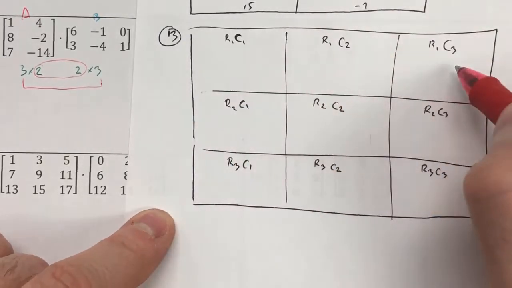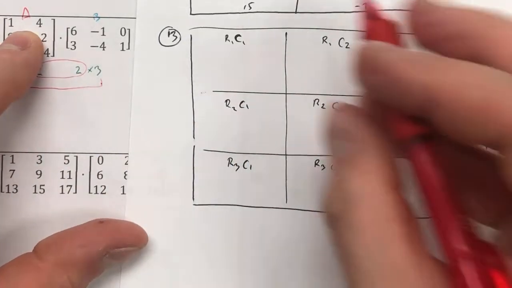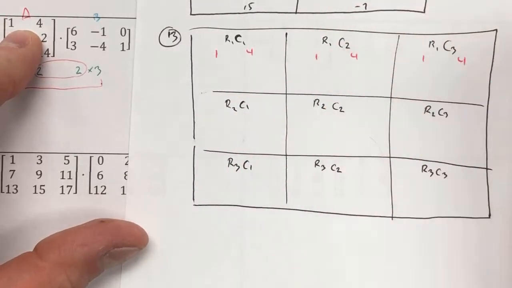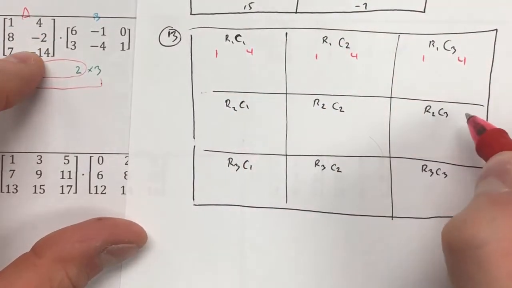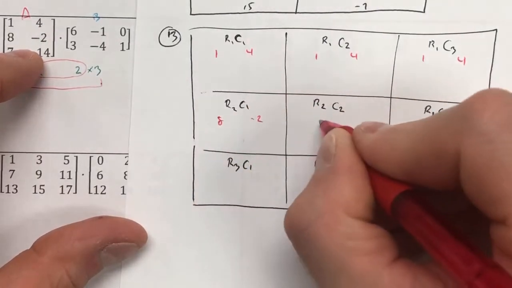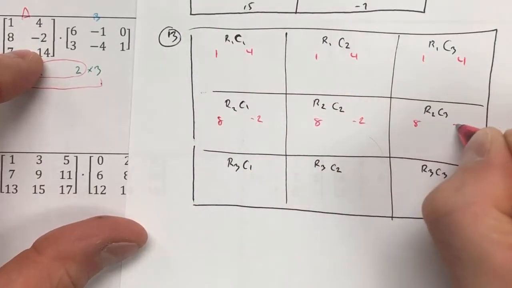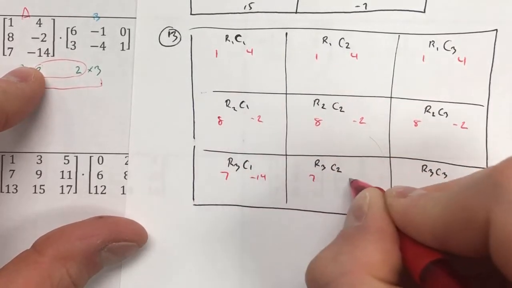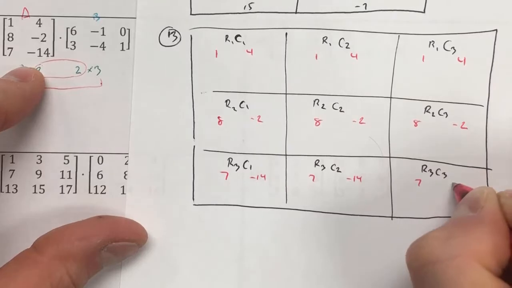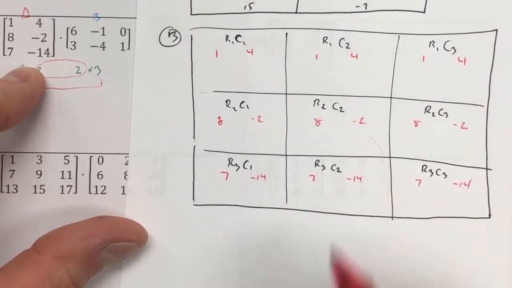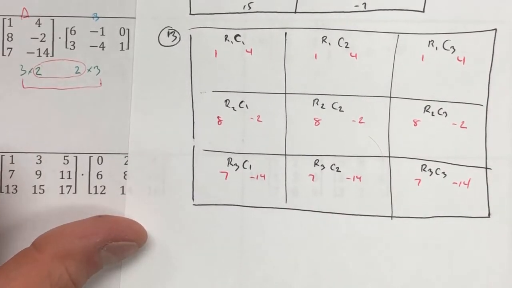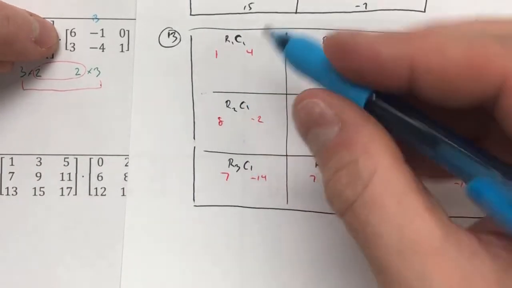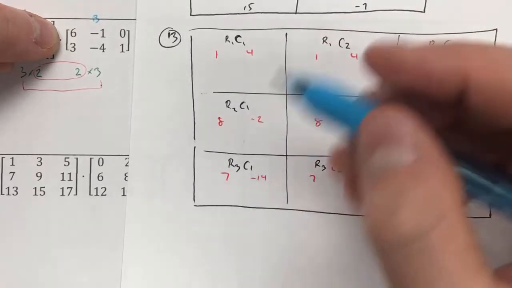So for all of row 1, I'm going to put in my 2 values for row 1, 1 and 4. For row 2, I'm going to plug in 8 and -2. And for row 3, a 7 and a -14. Might not have given myself enough space to work these, but oh well, it's too late. For column 1, I'm going to plug in 6 and 3 for all of these.